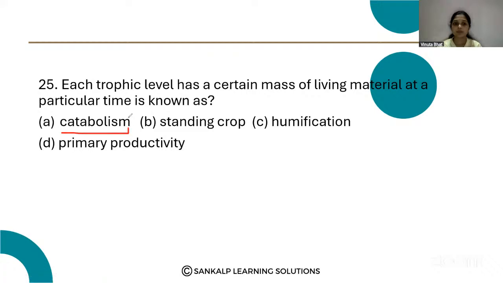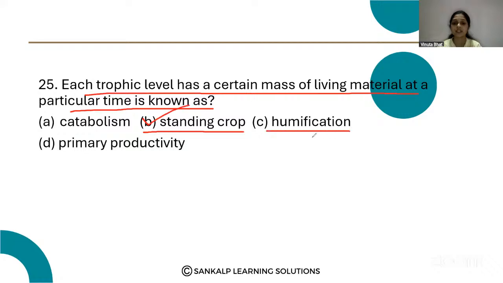Catabolism means the breakdown of the molecules in our body, that is part of metabolism. Catabolism means fats and carbohydrates break down into glucose molecules. Then standing crop. How do you define the standing crop? Each trophic level has a certain mass of living material at a particular time, known as standing crop. Okay, that is the correct one.